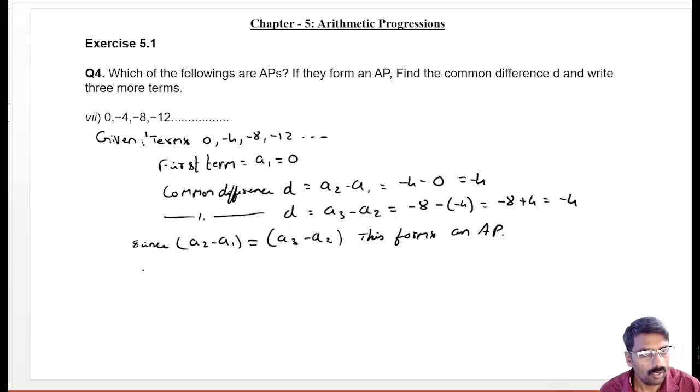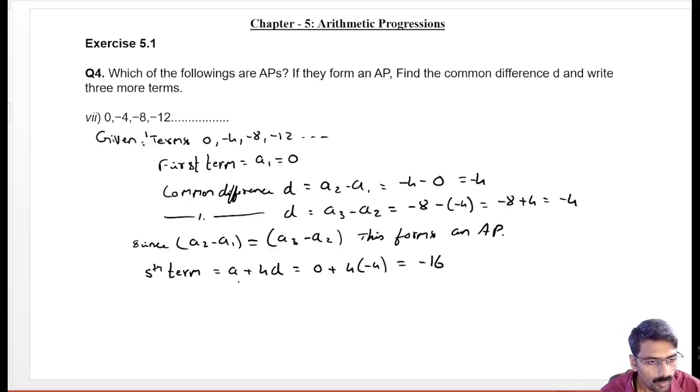So we need to find the other terms. So fifth term is equal to A plus 4 times D, that is equal to 0 plus 4 times minus 4, which is equal to minus 16.